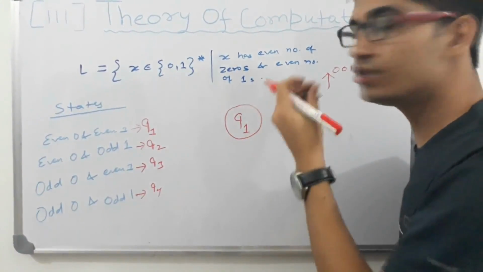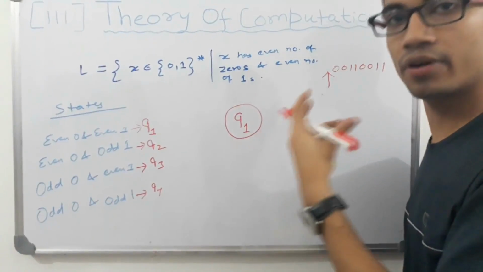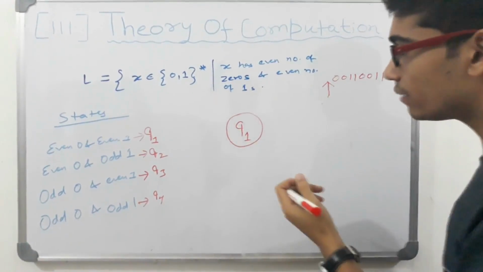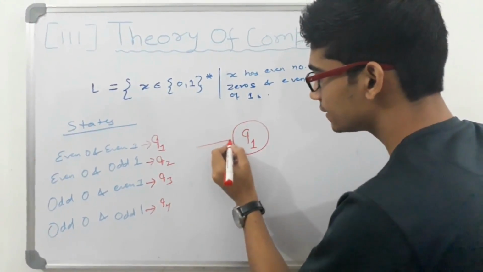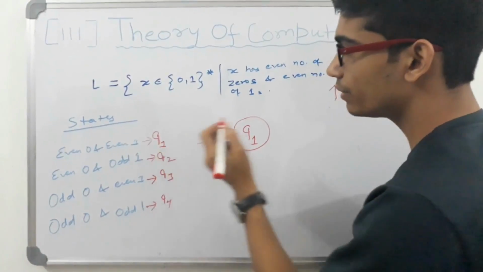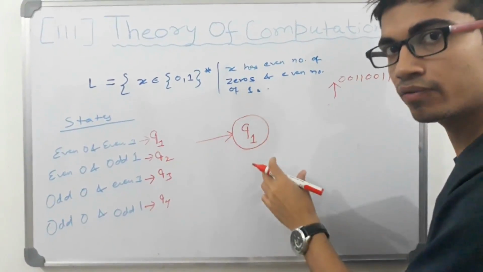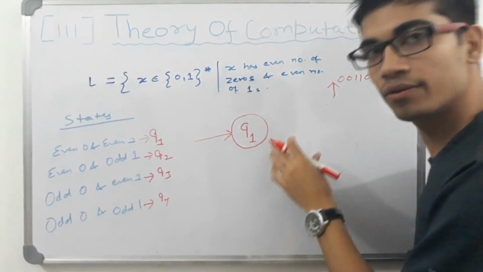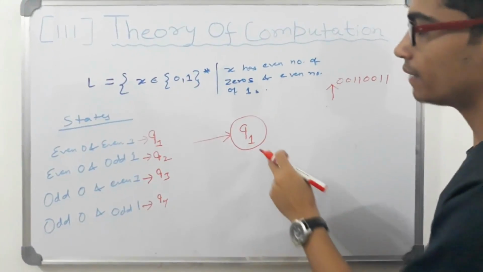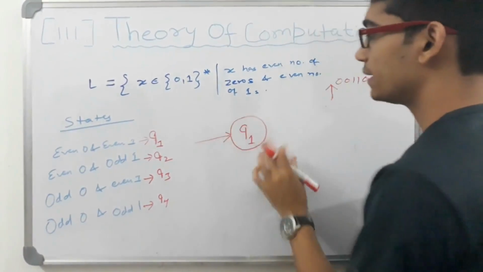Means we have seen 0 zeros and 0 ones, and 0 is an even number. So we can say that our initial state is like this: we have seen even 0 and even 1. This is the initial state.